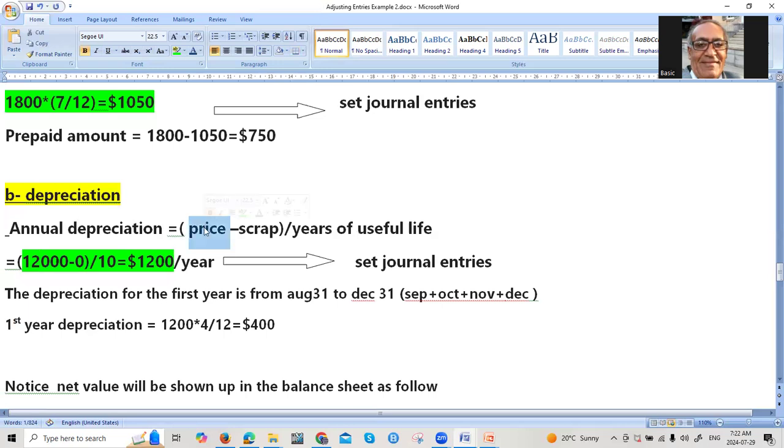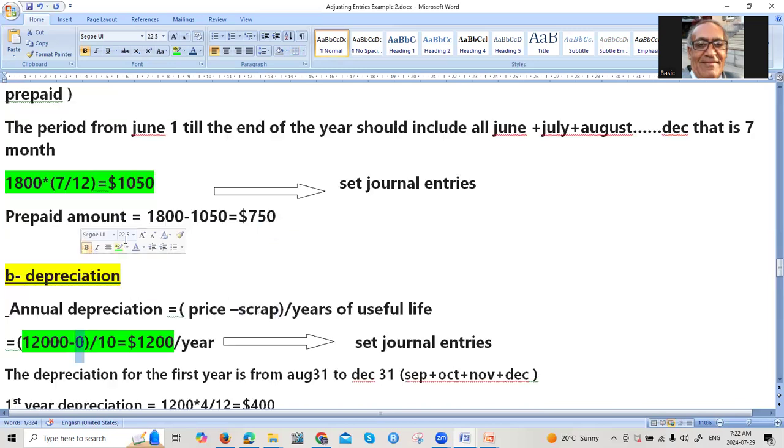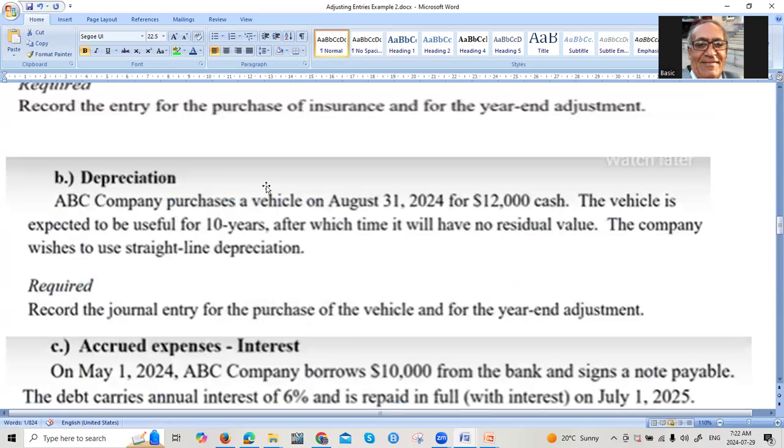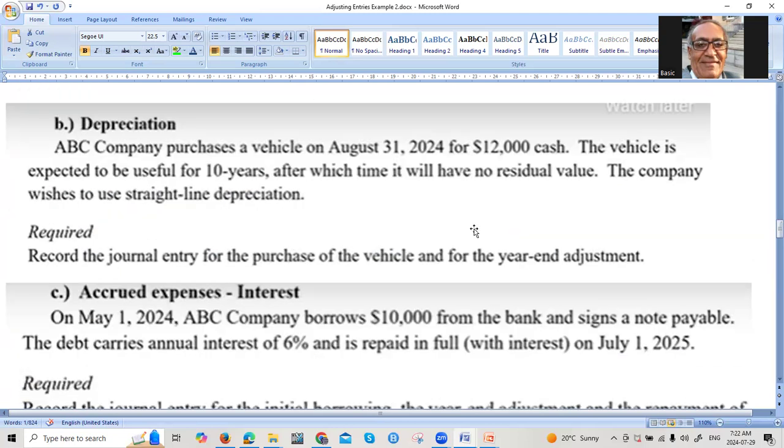To calculate this depreciation, the first thing is the price. The price was 12,000. The price minus the scrap value. The scrap value is 0. How did I know? From the exercise itself, because he told me a vehicle was purchased on August 31 for 12,000. The vehicle is expected to have a useful life of 10 years, after which time it will have no residual value. So the scrap or residual value is 0.